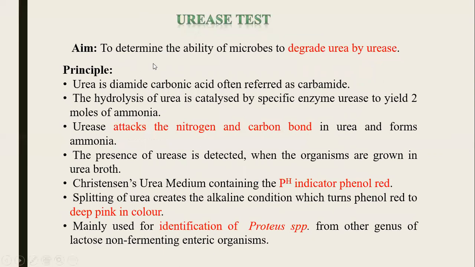Next, urease test. Urease test is to determine the ability of microbes to degrade urea by urease enzyme. The microorganisms which have the ability to produce urease enzyme will degrade urea into ammonia. Urea is a diamide of carbonic acid, often referred to as carbamide, and urease hydrolyzes urea to ammonia.